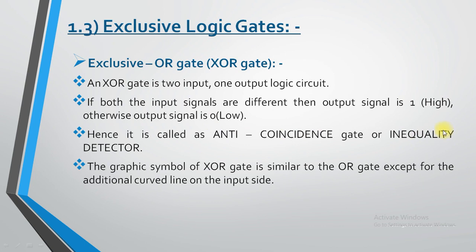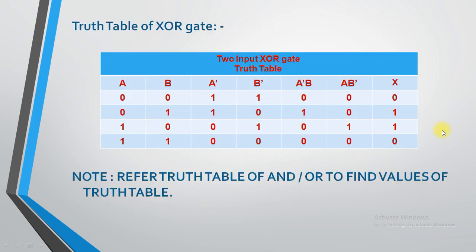Why is it called an inequality detector? Because if both the input signals are equal, it will not produce output. If both are different, it will produce output.